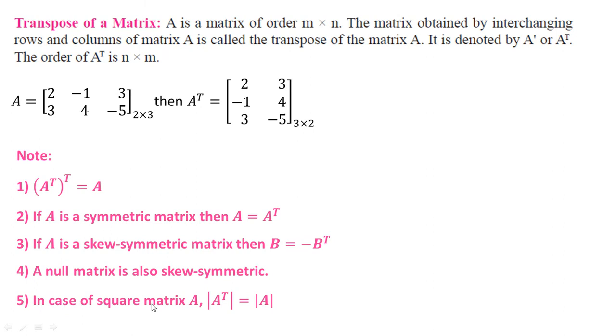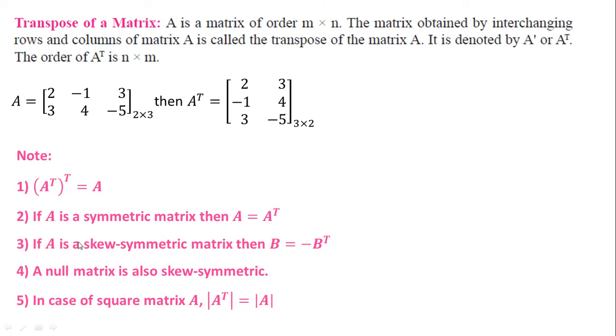To get the transpose we don't require only a square matrix, but specially in case of a square matrix, if you take the transpose and find the determinant of both, the determinant of A as well as the determinant of A transpose, then the value of the determinant remains the same.